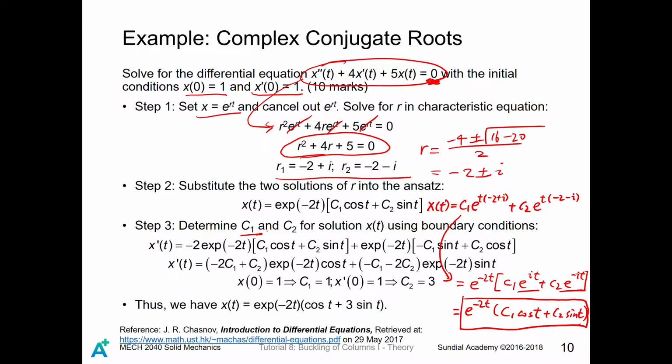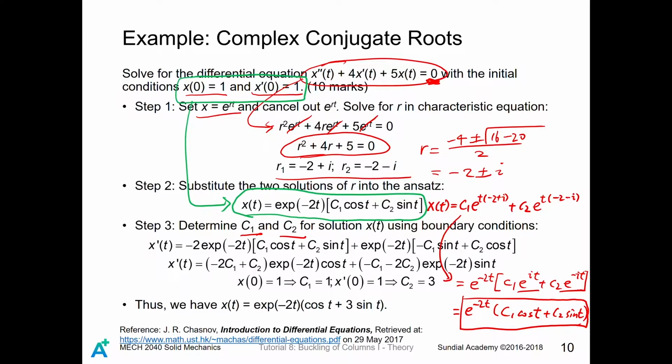To determine c1 and c2, we will use the boundary conditions, which are located here. So let me use a different color. Now you use the boundary condition, substitute into x(t), and probably you need to differentiate x(t) once again.